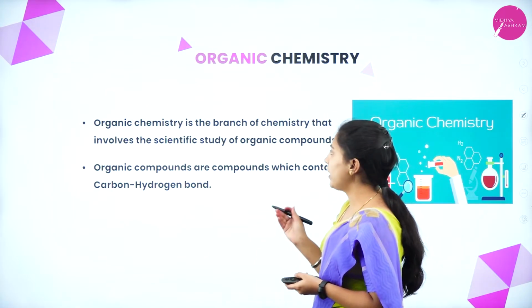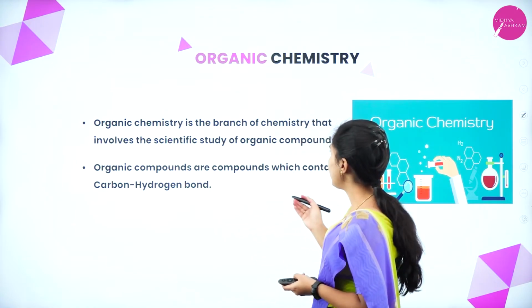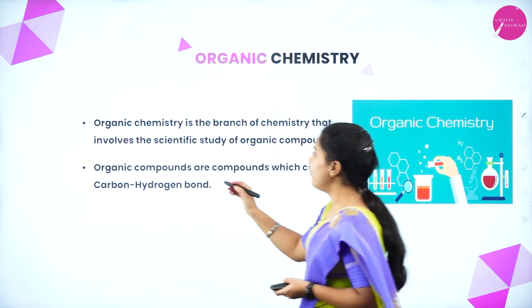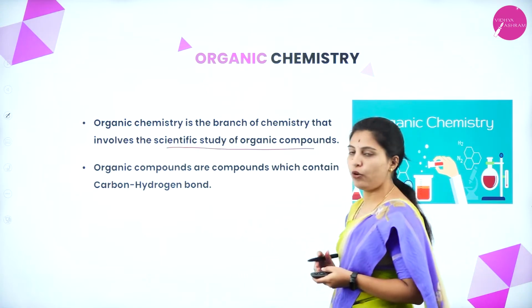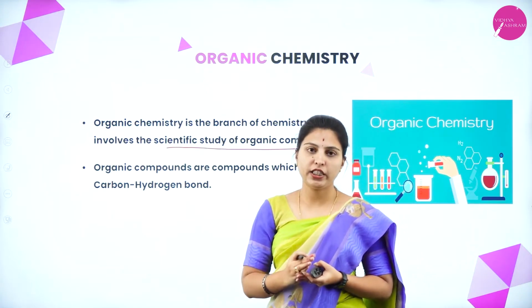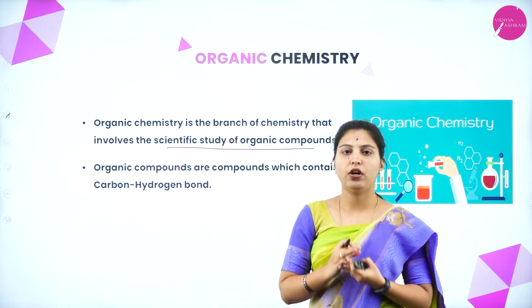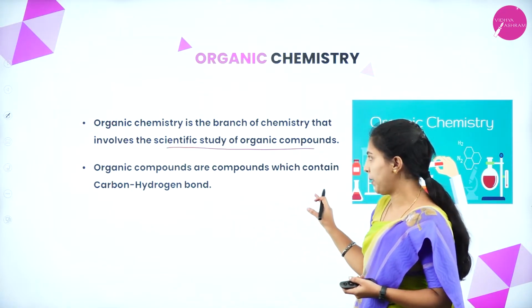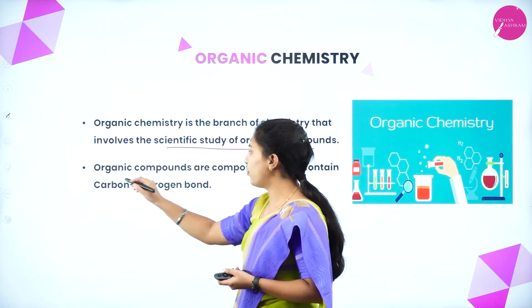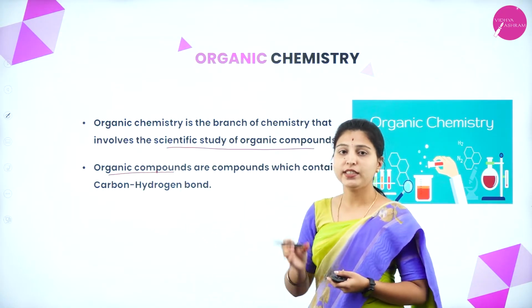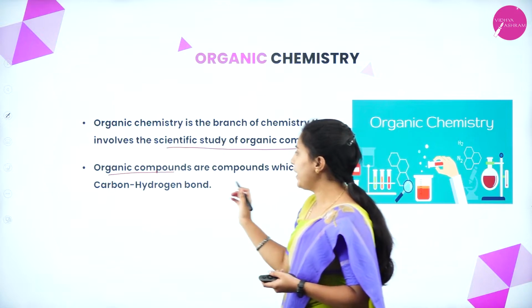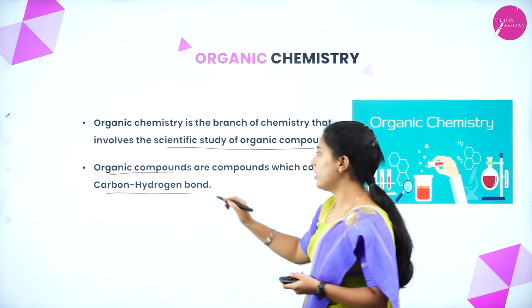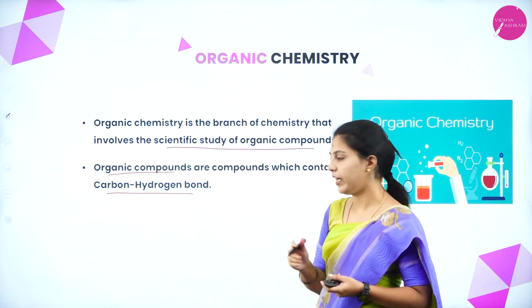Next part, organic chemistry. Organic chemistry is the branch of chemistry that involves the scientific study of organic compounds. Whatever organic compounds are present in our nature or environment, we will consider in the organic chemistry part. So then what are organic compounds? Organic compounds are compounds containing carbon and hydrogen.